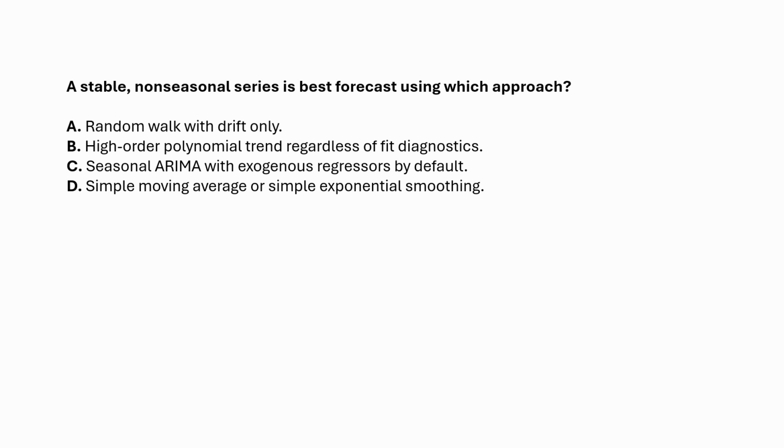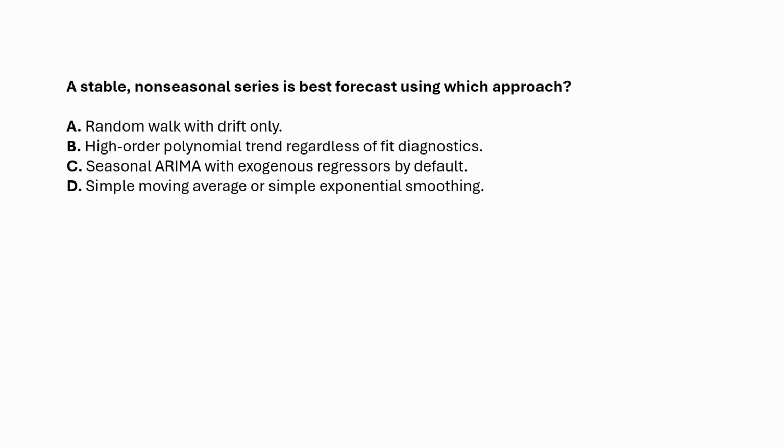A seasonal ARIMA adds extra terms to capture repeating seasonal patterns. Throwing in exogenous regressors means adding outside variables as predictors. That's all great, but only if the data is seasonal or complex. Our series is stable and non-seasonal. No need for seasonal ARIMA, and certainly not by default. So C is wrong.